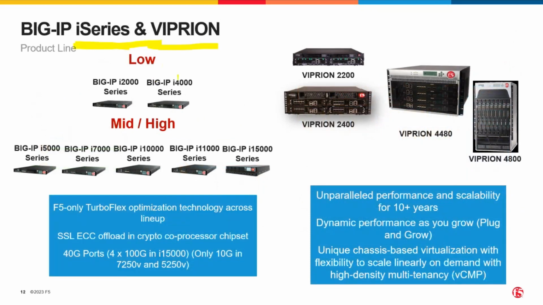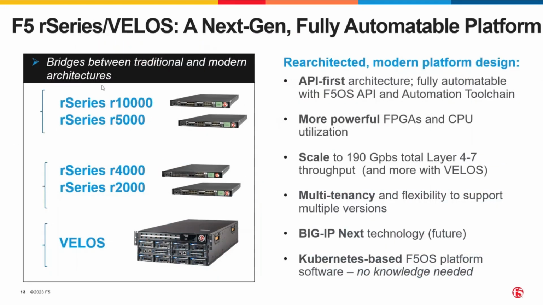Most of those platforms are out of sale, but of course something new came in, which is called R-Series. So we have lower models like our 4,000 or 2,000 series or our 5 or 10,000 series here.